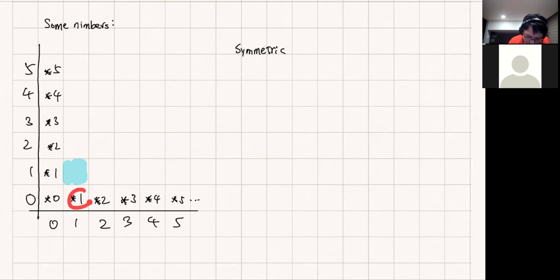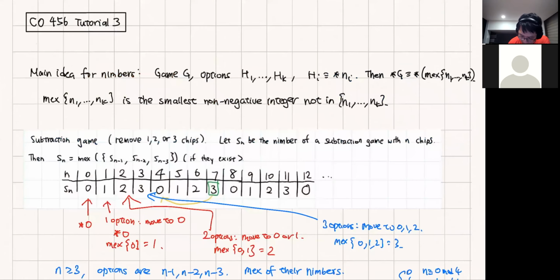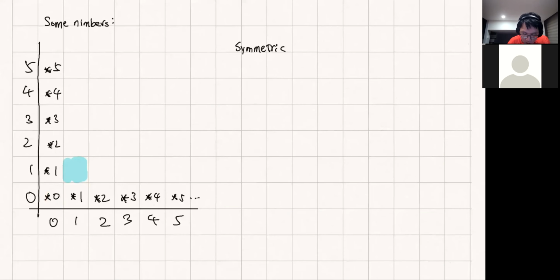It can move down to get this, or it can move diagonally to get this. So 0 and 1 are the options. So the mex of that is just star 2.